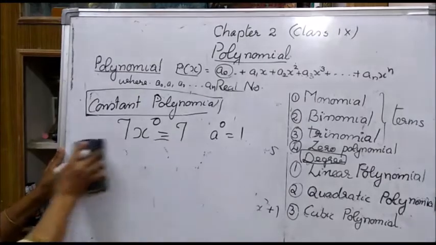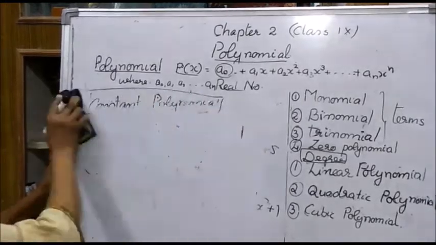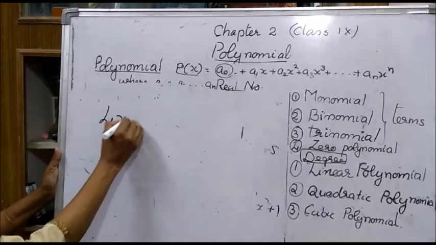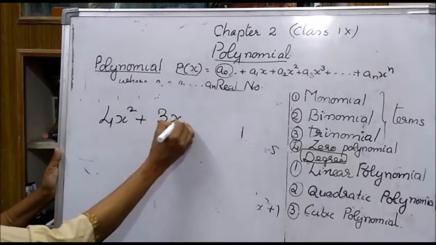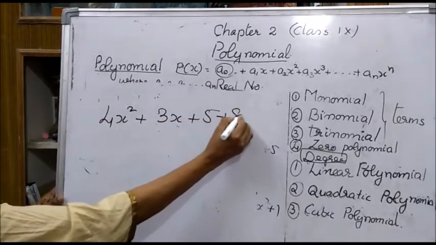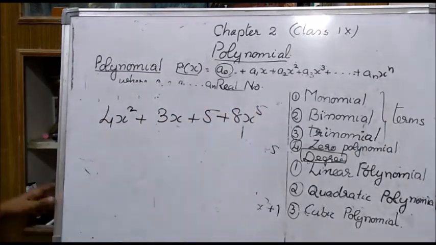Now coefficient of the polynomial. Here a polynomial is given as 4x square plus 3x plus 5 plus 8x power 5.